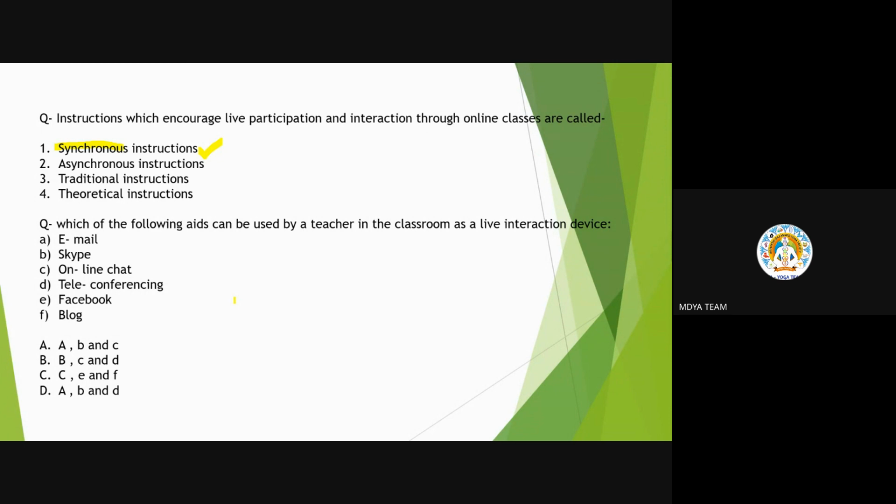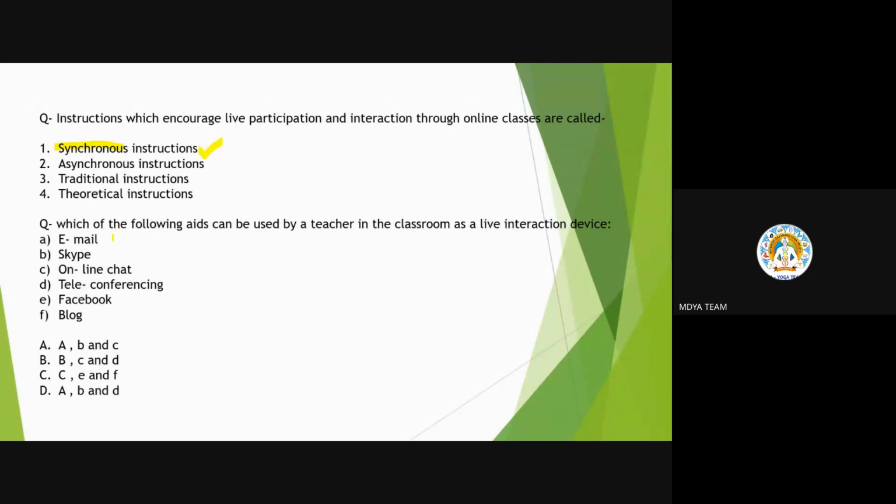This is a live class, but it is not a face-to-face classroom. The camera of every person is off, but this is an interactive classroom. Then, ma'am, B. B, C, and D.